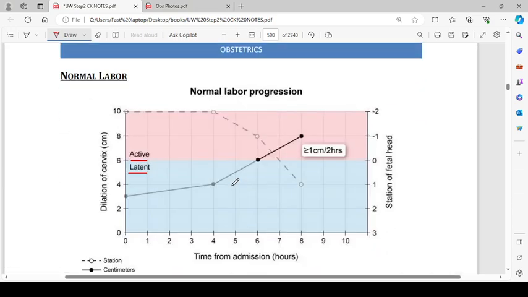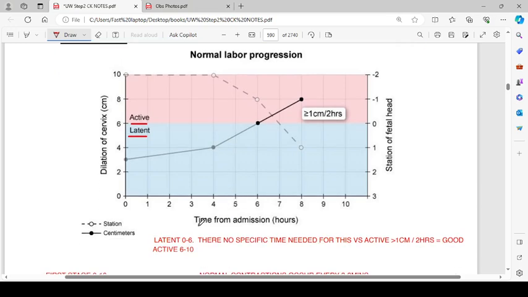So then we have normal labor. Normal labor progression happens like this. There is time from admission, dilation of cervix, and station of the fetal head over here, in centimeters.